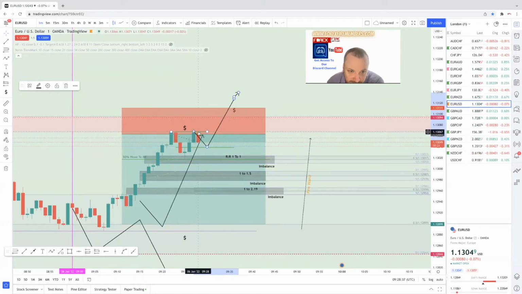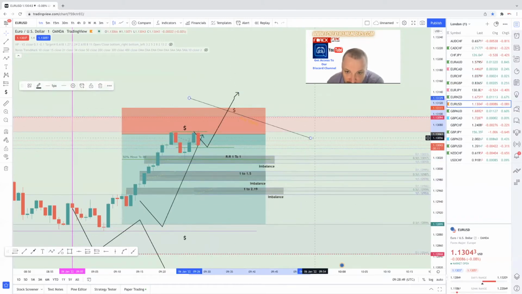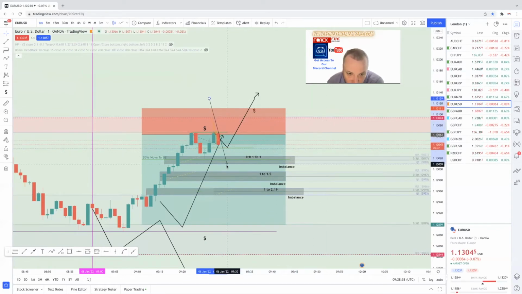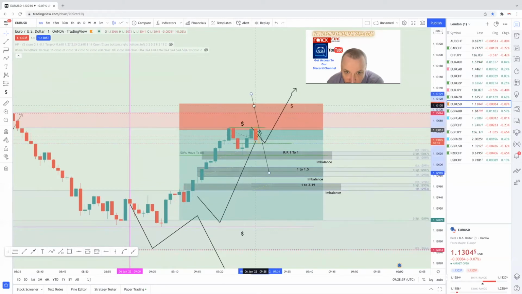It has just wicked slightly through it. I've got a feeling that we are going to get the bounce off this area here to then move up to take us past. Hopefully it's going to sort of prove me wrong, and we may get an engulfing move down through 2 of these. That's what I hope. But again, are we going to get the bounce test to then move further up?